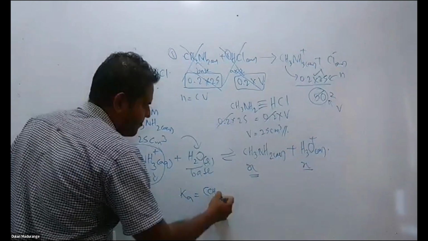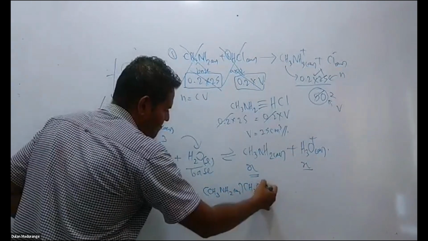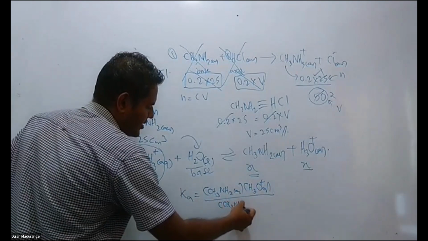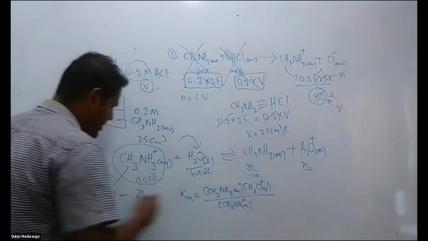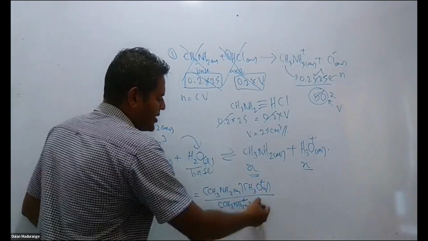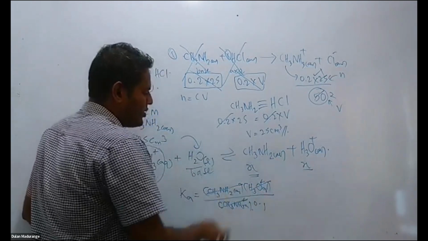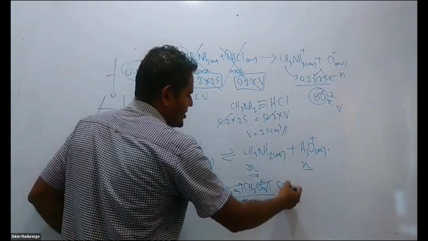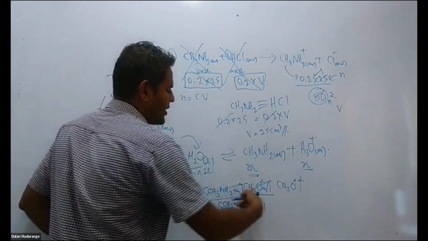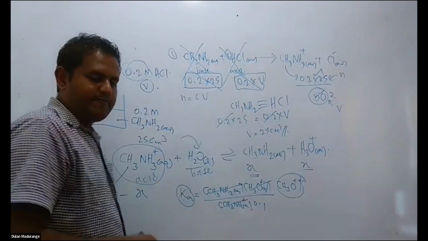That is CH3NH2 aqueous into H3O plus over CH3NH3 plus aqueous. Then we know the concentration of this one as 0.1. X is negligible. This is 0.1. So these two concentrations are equal. Then instead of these two, we can write H3O plus square. Right? Then Ka දන්නවද? Ka දන්නේ නැහැ.